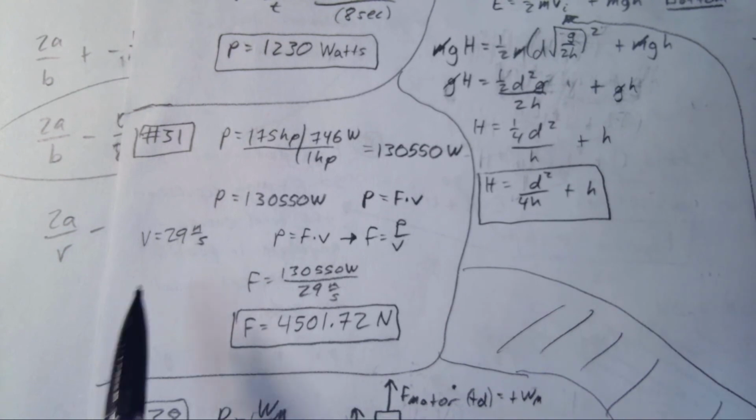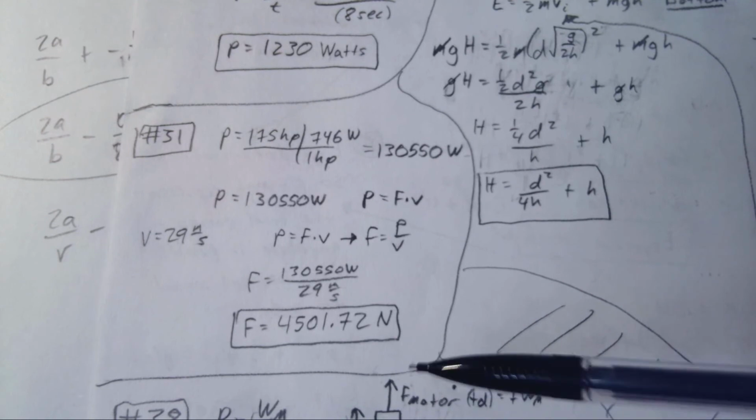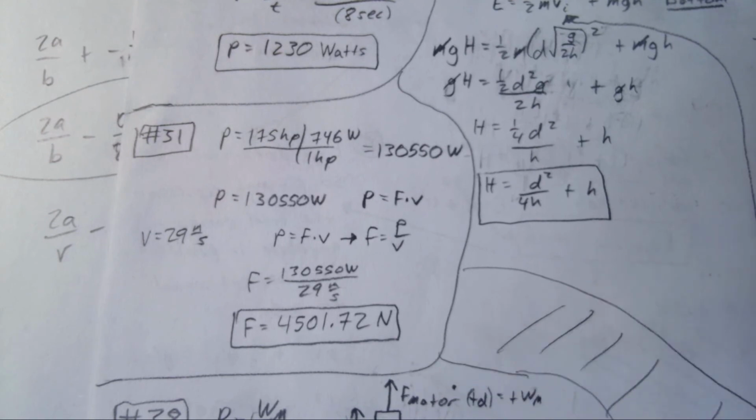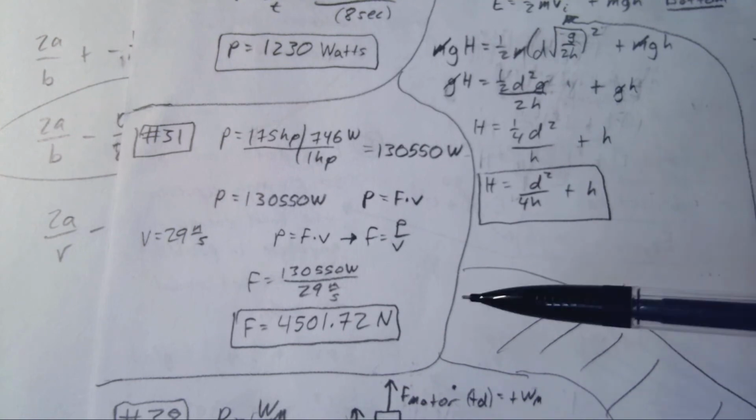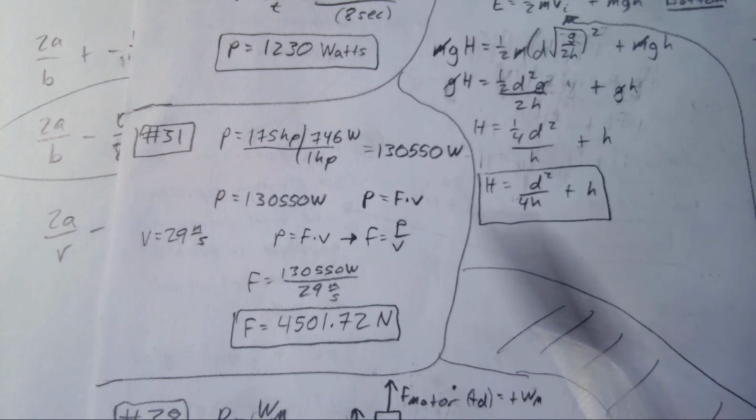They give us that we're going 29 meters per second down the highway, and you can calculate the force of the friction, because it's doing negative work, because it's removing energy from the system, and that's how you figure that. So P equals F times V, very, very helpful.